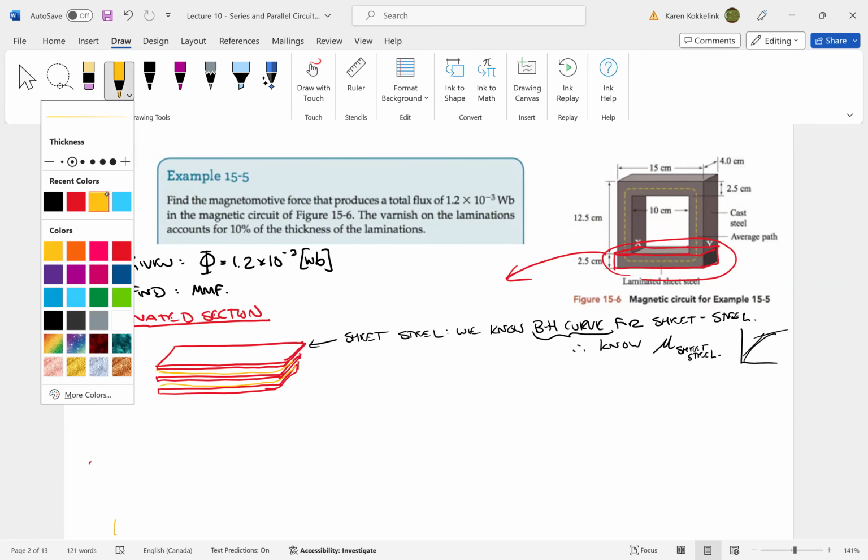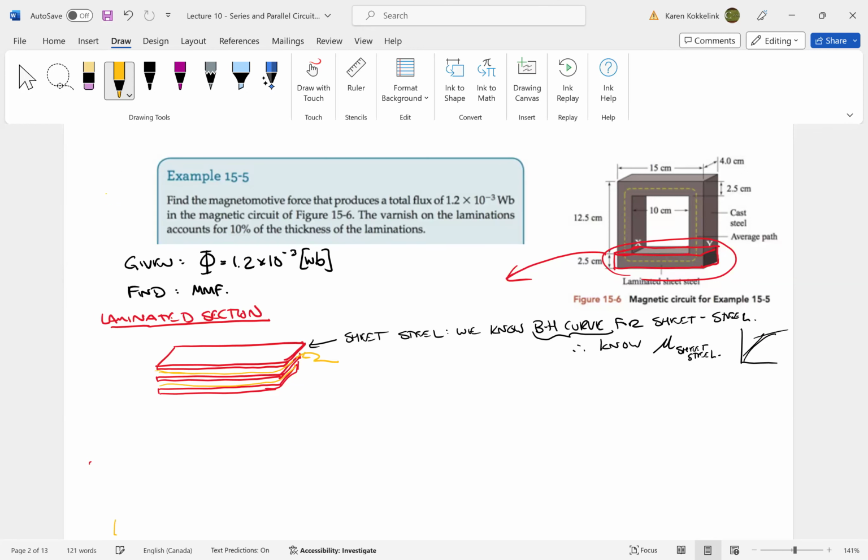And then in between, it is laminate. So it's fiberboard or something. Let's say it's fiberboard, so not magnetic. It is not magnetic.